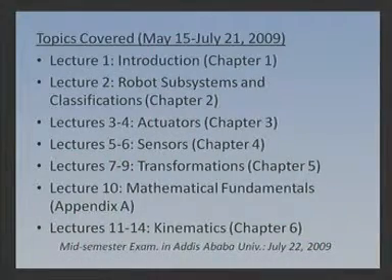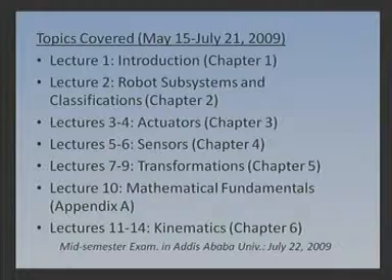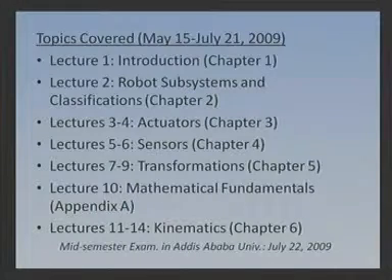So, if you recollect, between May 15 to July 21st, we have covered the following topics. In lecture 1, we had introduction, which is a part of chapter 1 of my book. Lecture 2 was robot subsystems and classifications, which was chapter 2. Lectures 3 and 4 were on actuators, chapter 3. Lectures 5 and 6 were on sensors, chapter 4.